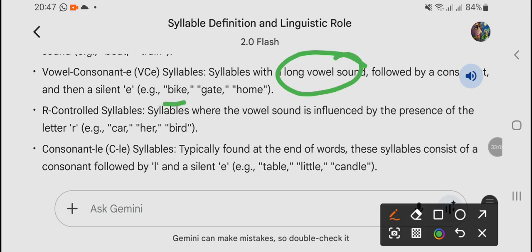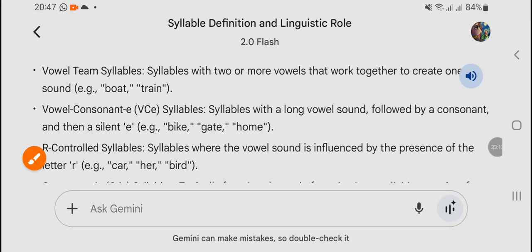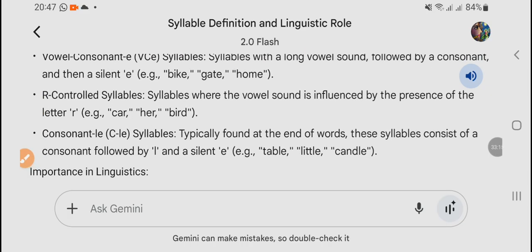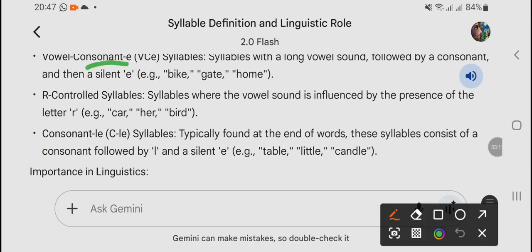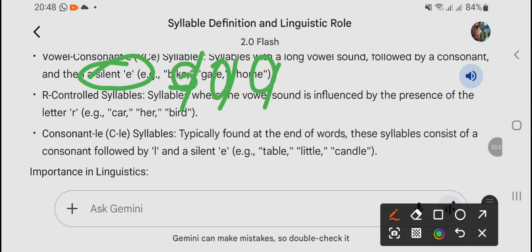Bike, gate, home, followed by a consonant and then a silent E. Bike, E silent; gate, E silent; home, E silent.